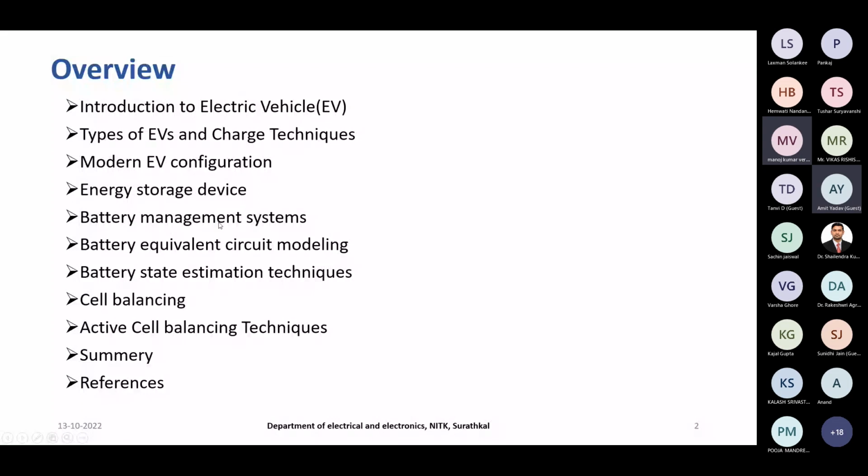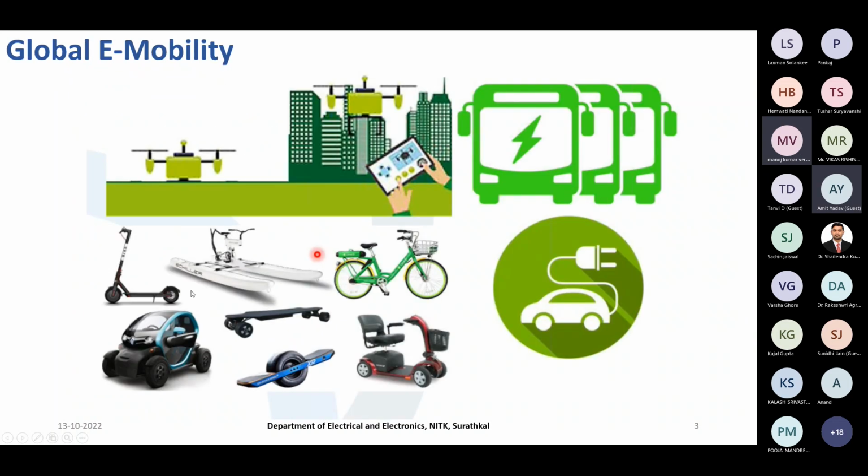And why we need a battery management system, and how to model the equivalent circuit of a battery for lithium ion cells, and how to estimate the values of state of charge and state of health, and what techniques are adopted. Next we will discuss the cell balancing techniques, including the active cell balancing techniques. And finally, the summary and the references.